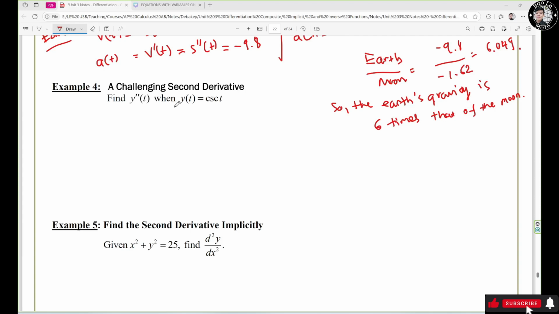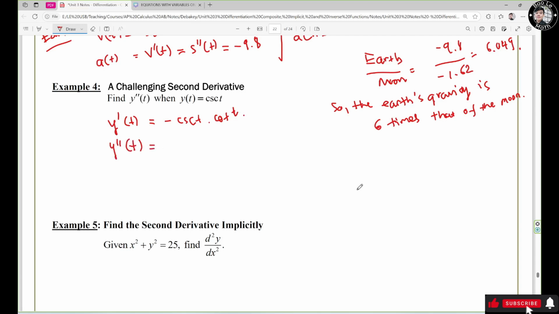Now let's move on to question 4. Find the second derivative of cosecant t. Right, so first we need to write y prime of t is negative cosecant t times cotangent t, right? Now, to find the second derivative, you need to use the product rule.